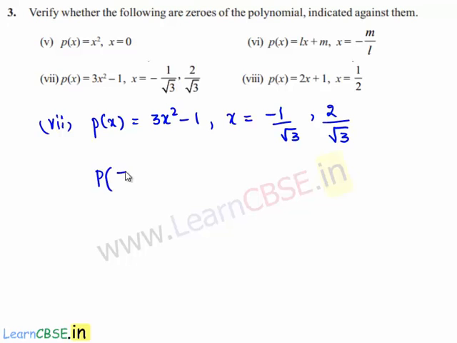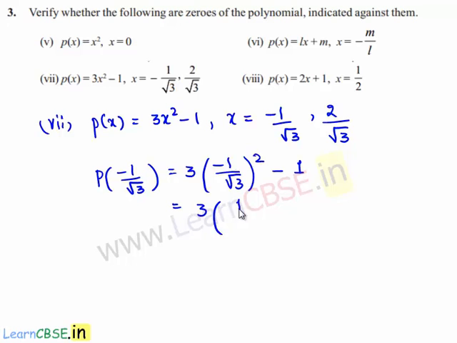That becomes p of minus 1 by root 3 is equal to 3 times of, in place of x, I substitute minus 1 by root 3, which becomes 3 multiplied by minus 1 by root 3 whole square minus 1. Then this becomes 3 multiplied by minus 1 square is 1 and root 3 square is 3.